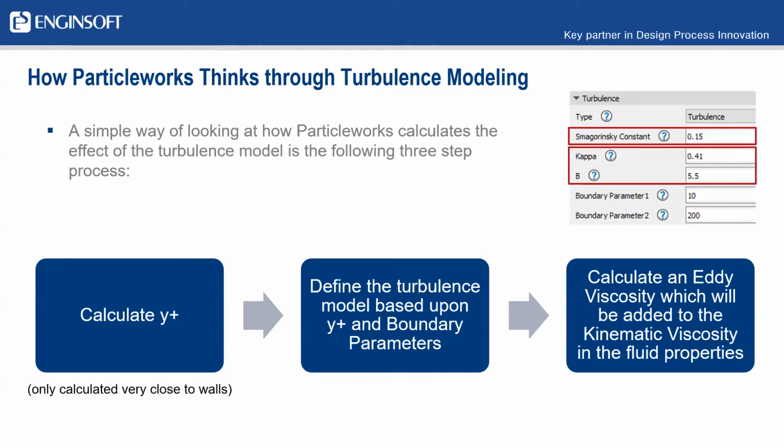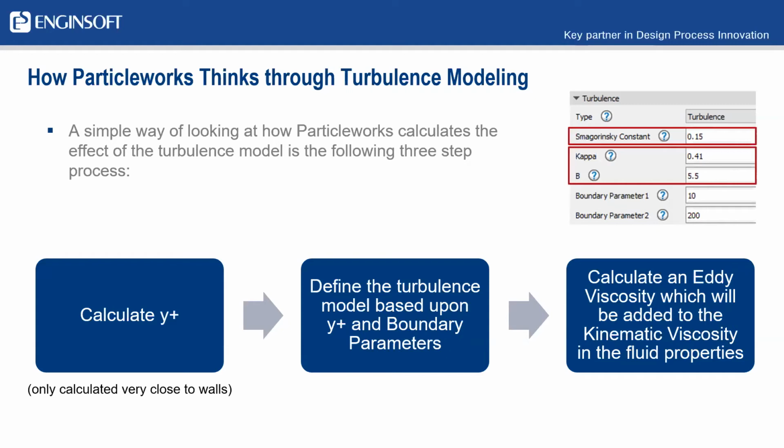It's a distance from a wall, but it also includes some information about the strain, and I believe it also includes a viscosity. So it's a non-dimensionalized version, which means that it can apply to multiple scales and any fluid, multiple viscosities.